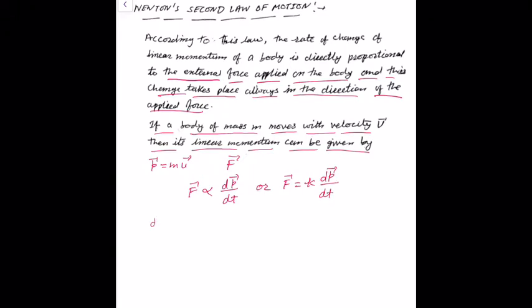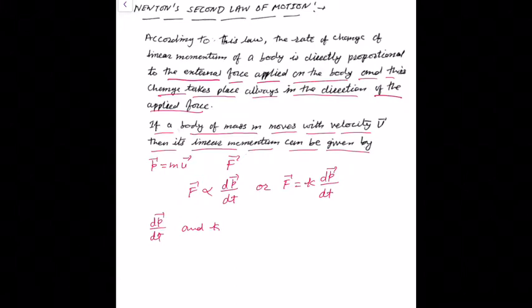Here dp vector upon dt is the rate of change of momentum, and k is a constant of proportionality. Here k is equal to 1 in SI and CGS units.